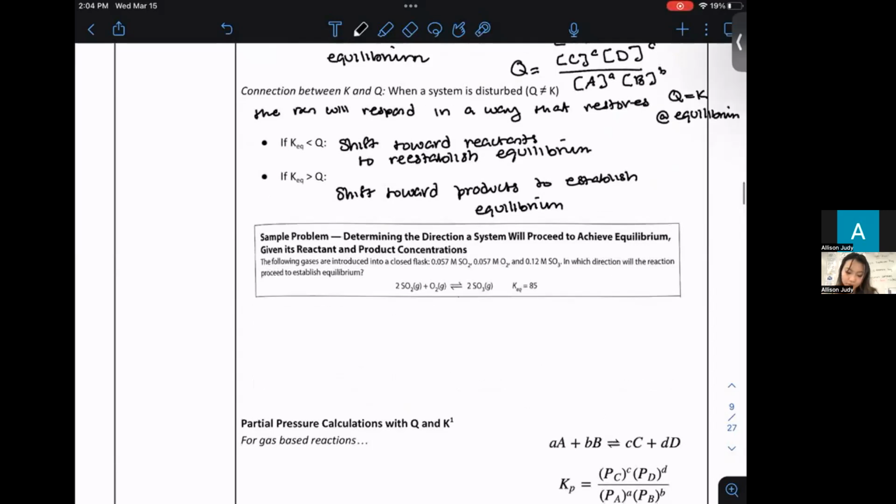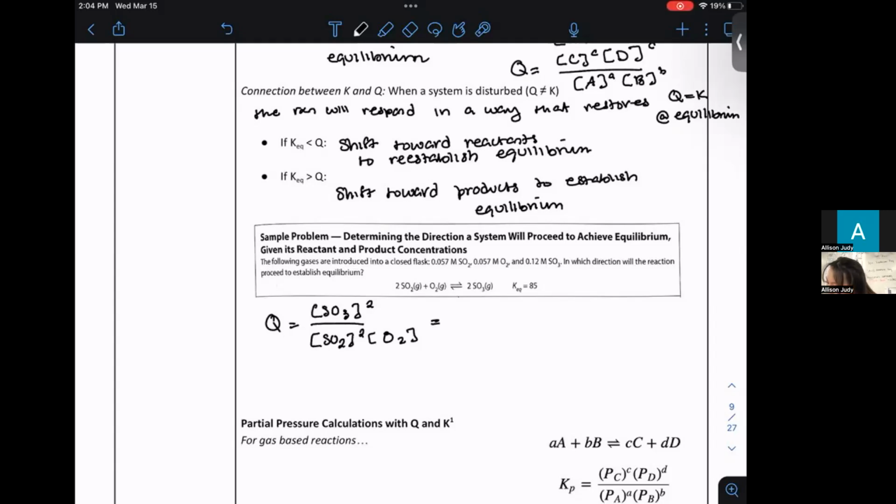So for the problem below, what we see is that Q is going to be SO3 squared all over SO2 squared times O2. And that's going to give us a partial pressure value. Remember here, with gases in general, we just use partial pressure as an indicator of concentration.